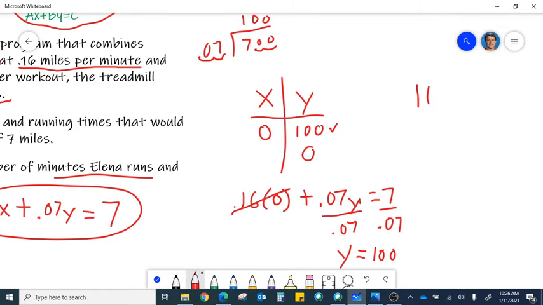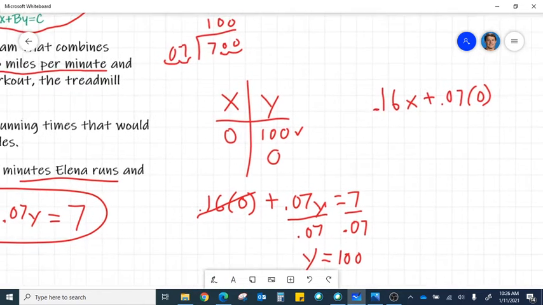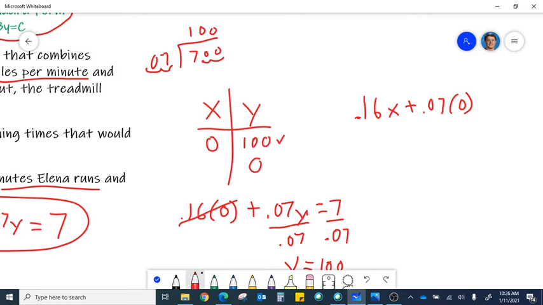So 0.16x plus 0.07 times 0, because I'm plugging in 0 for y, is going to equal 7. That doesn't mean anything to me, so I'm left with 0.16x equals 7, and I want to find out what just x is.